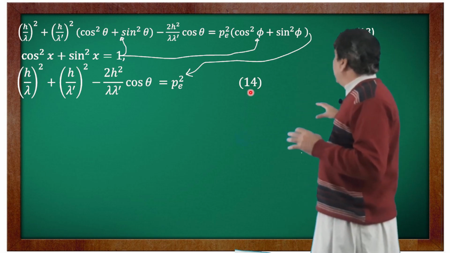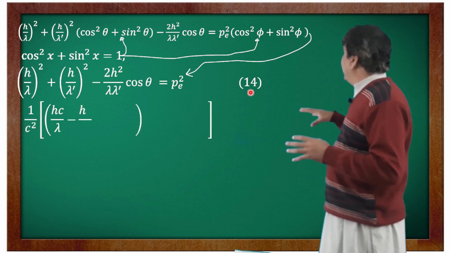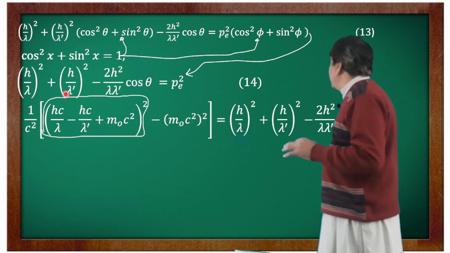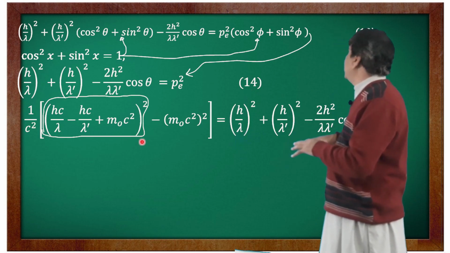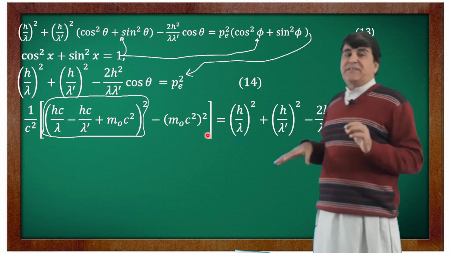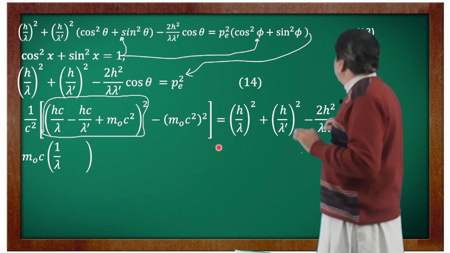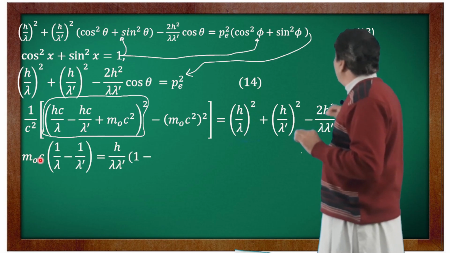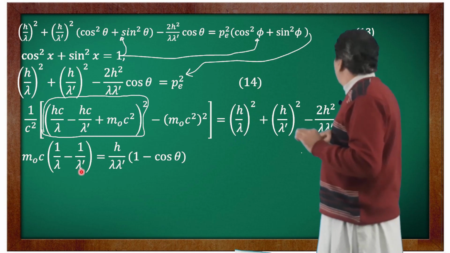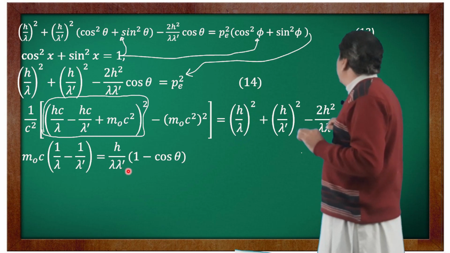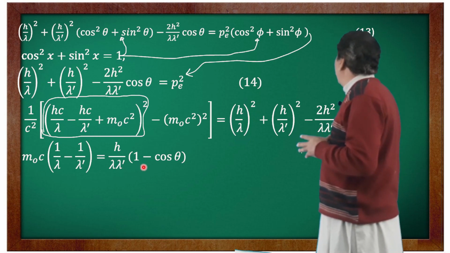Now first expanding the square of three terms at the left side and then cancelling similar terms and arranging the equation, we can express it in the form m₀c (1/λ − 1/λ') = h/(λλ') (1 − cos θ).